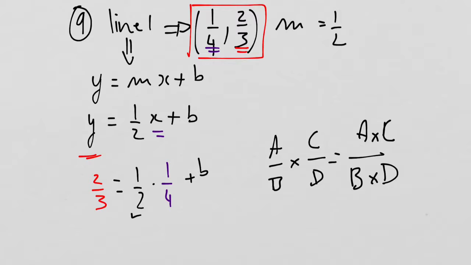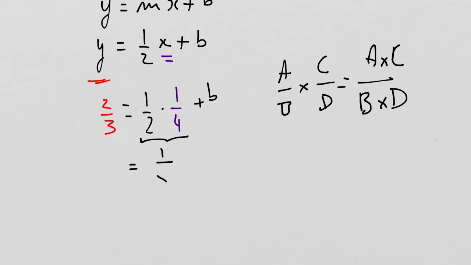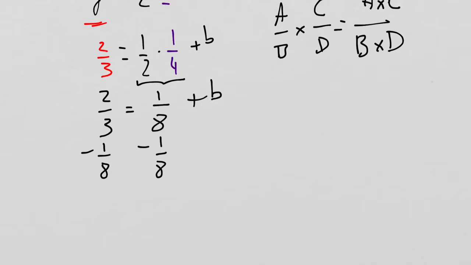So in that case I'm going to have 1 over 8, and of course there is still 2/3 plus b. I'm going to subtract 1 over 8 from both sides in order to isolate b. So now I'm getting 2/3 minus 1 over 8 equal b.